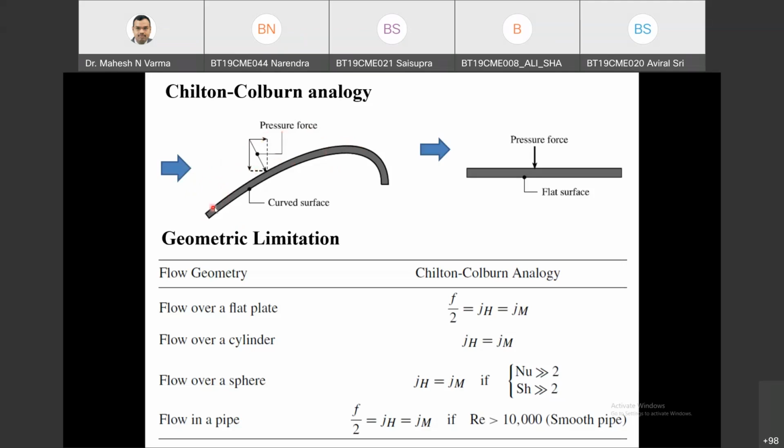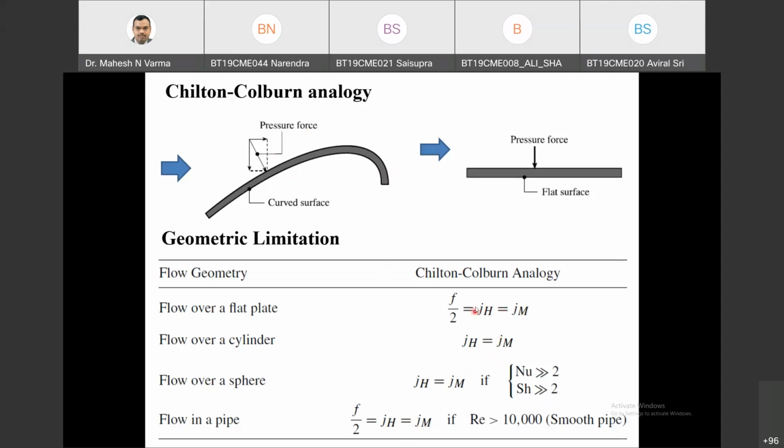But for heat transfer, the whole surface is the surface area for heat transfer, and for mass transfer also this is the surface area. That is why the surface area for heat transfer always equals the surface area for mass transfer. Hence, JH always equals JM. But sometimes the surface area for momentum transfer is not equal to that for heat transfer.